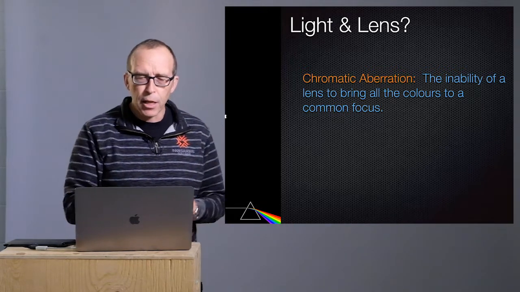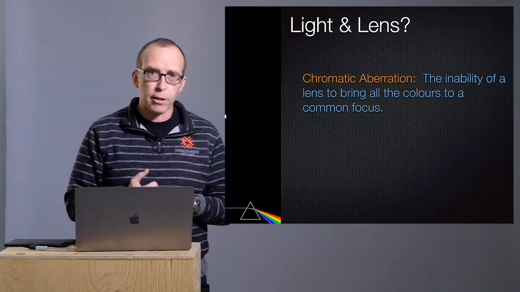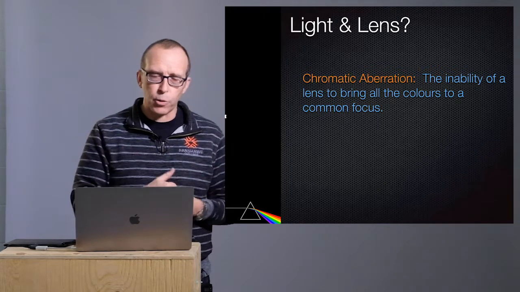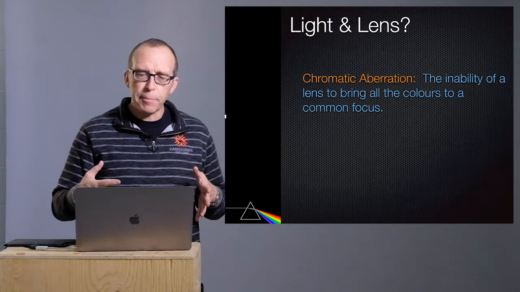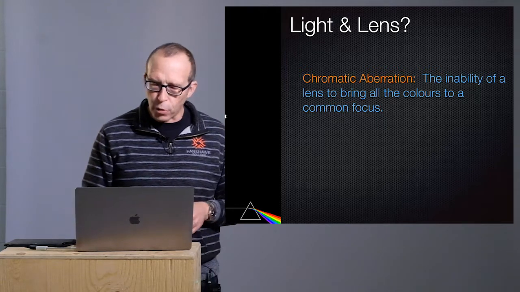The first one is chromatic aberration. If you did the readings this week, there was an article from Nikon that outlined what chromatic aberrations are all about. Chromatic aberration is the inability of a lens to bring all the colors to a common focus.